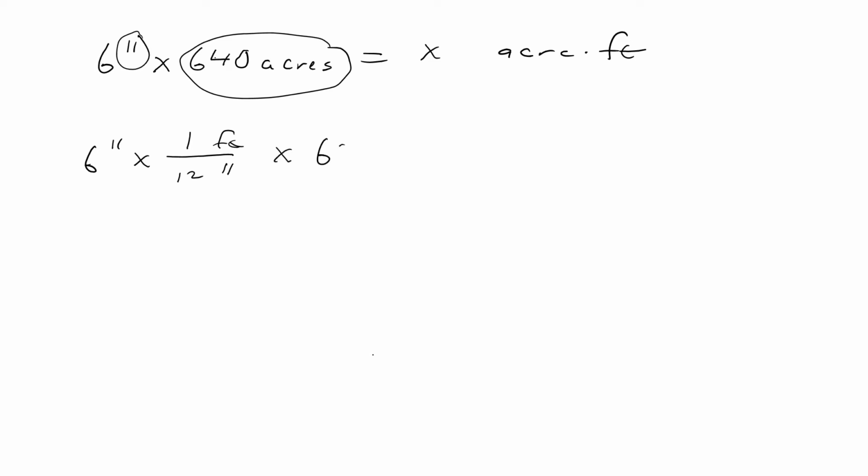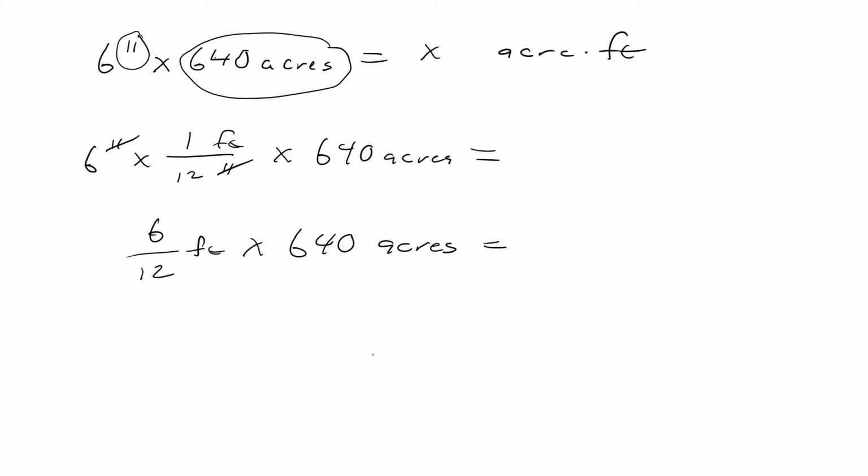And then we can keep our acres the same. This cancels out. So that ends up being 6 over 12 feet times 640 acres.